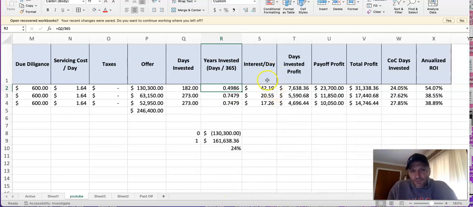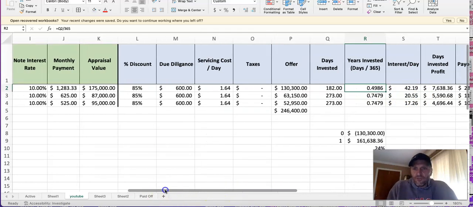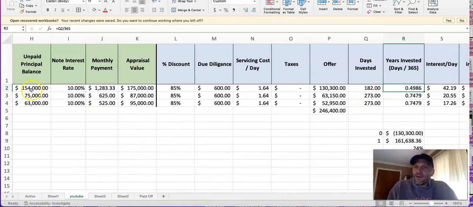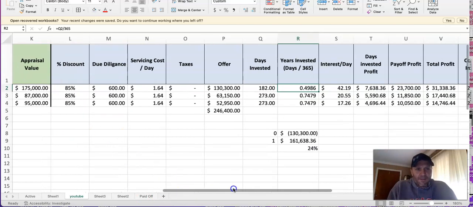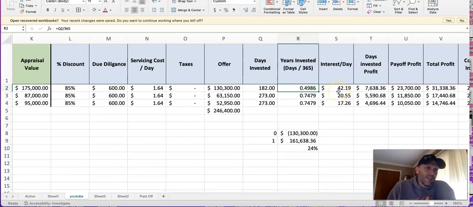So the interest per day that's coming off of, if you do the $154,000 times 10%, divide that by 365, that'll give you the $42.19 a day that is the interest per day that the borrower is making on this loan each and every day. So $42.19. Over the course of 182 days, when this thing is due, right?